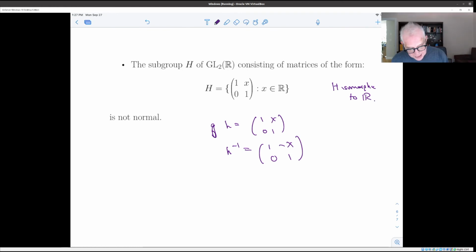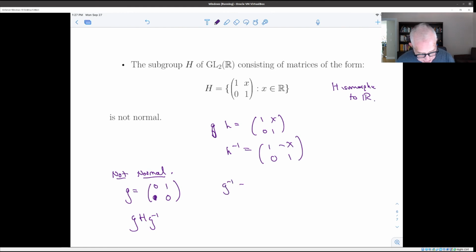And I claim it's not normal. And here we're going to use the GHG inverse criterion. We're going to take G to be the matrix element [0, 1; 1, 0]. And we're going to compute GHG inverse, using the fact that G inverse is also [0, 1; 1, 0], because you can just do a matrix calculation that G times G inverse is [1, 0; 0, 1].